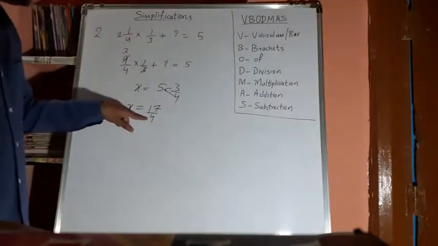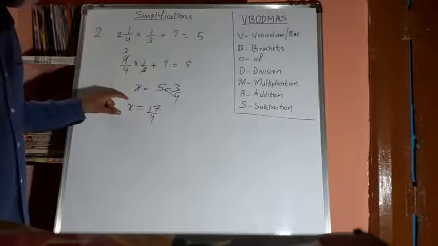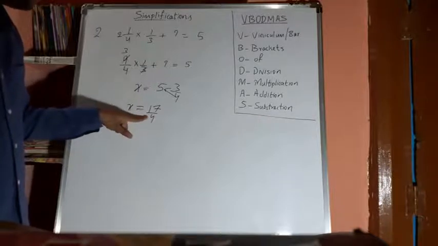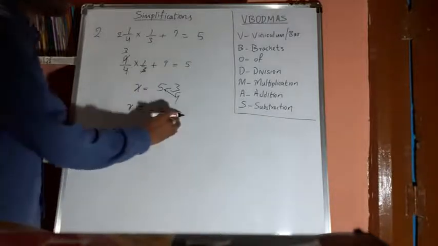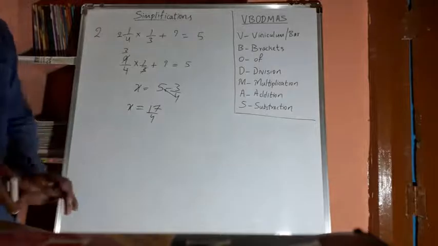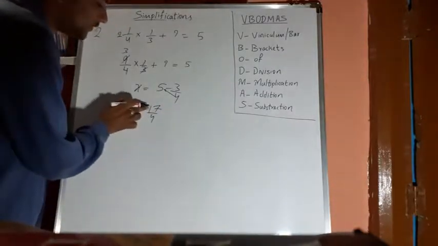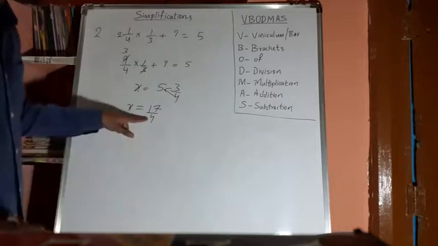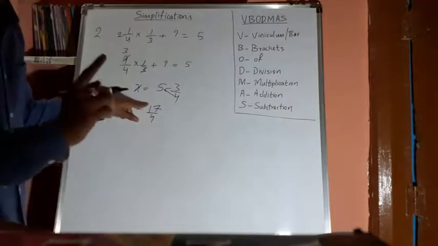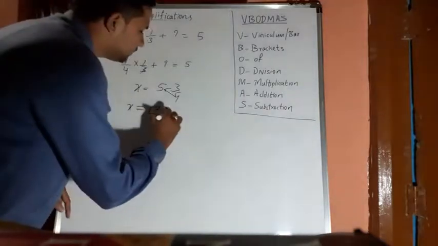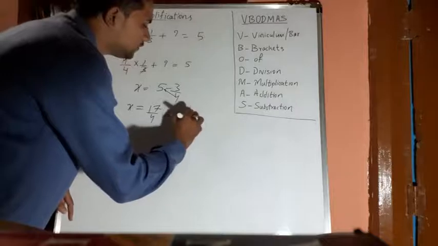And again, suppose in the options this is not there, then the answer will be given in the mixed form. So try to find that form. How to find? Divide this 17 by 4. 4 fours are 16, 1 will be left. So 4 integer 1 by 4.